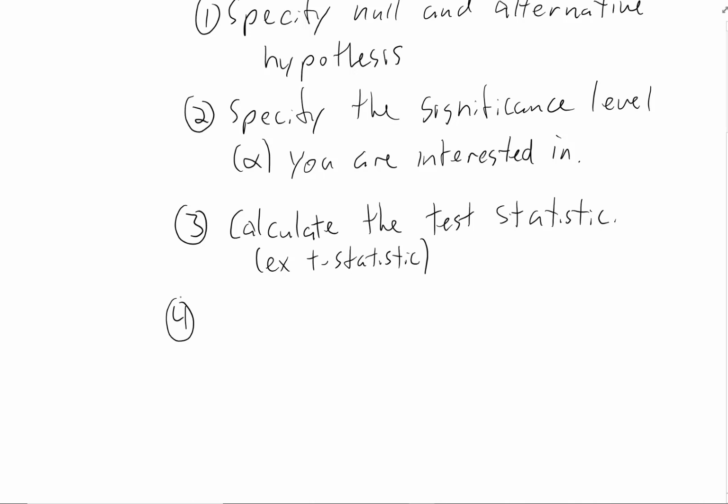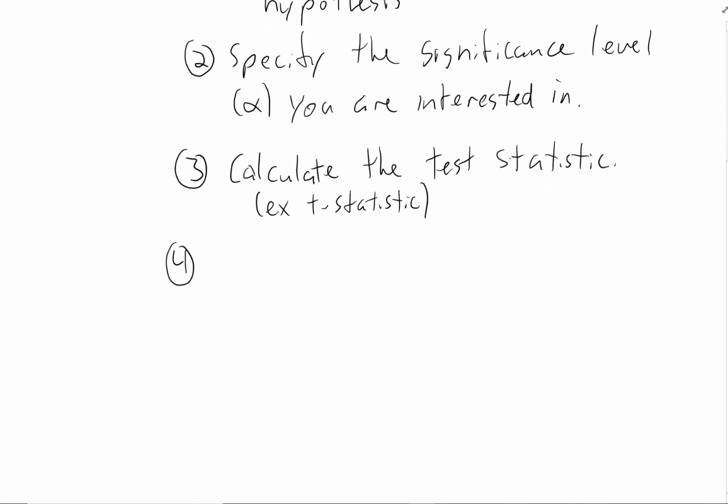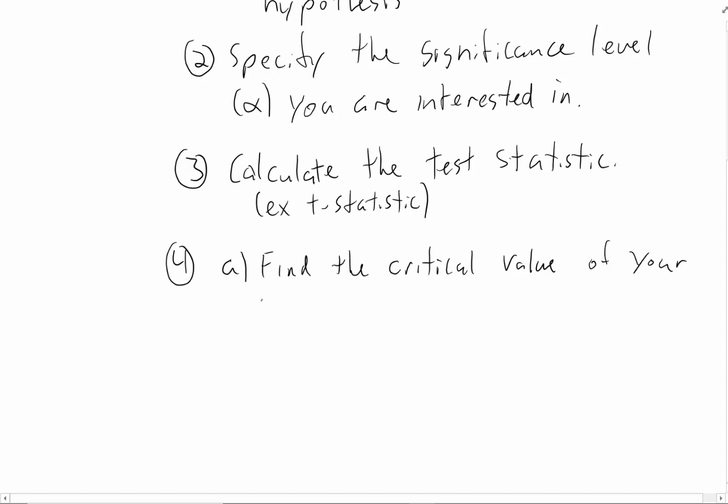This fourth step, there's two different strategies we can have to try to get a conclusion about our test. The first strategy is to find the critical value of your significance level.